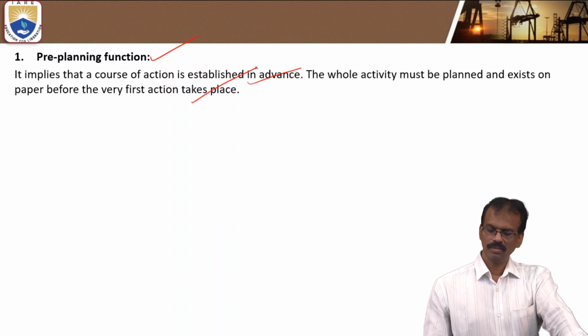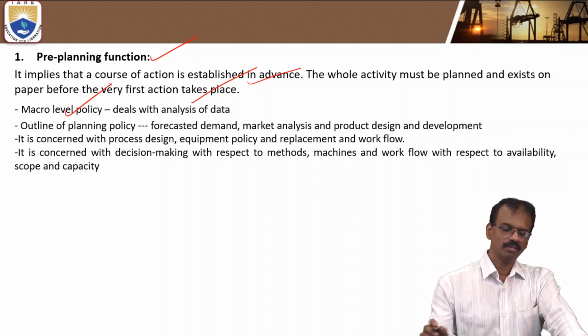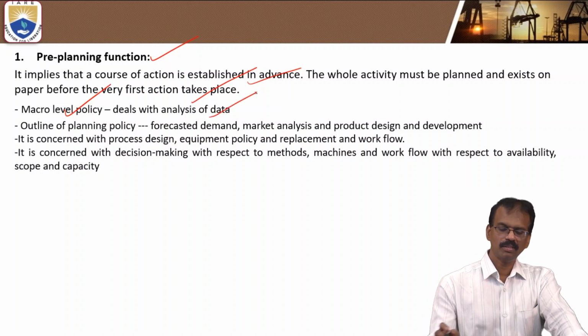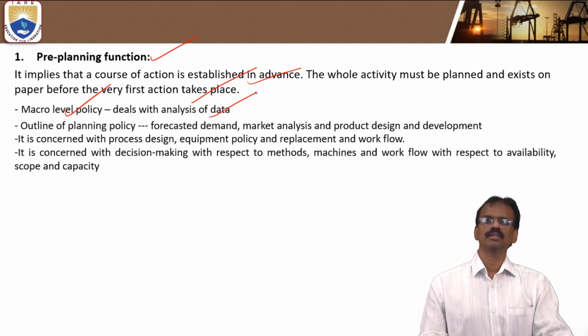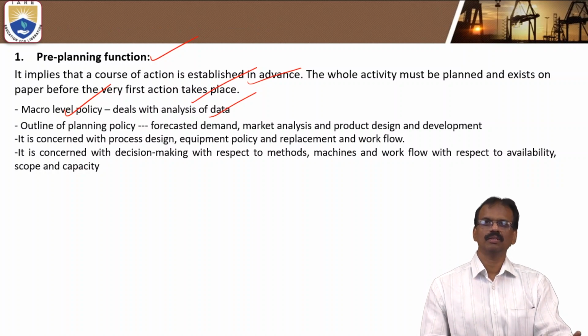This is the pre-planned function, the macro level policy. It deals with the analysis of data, the present data of a particular product or the data regarding the marketing demand also.